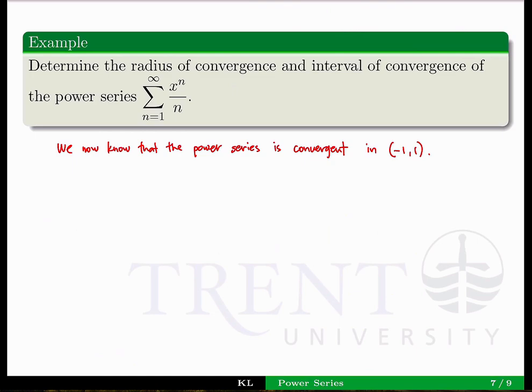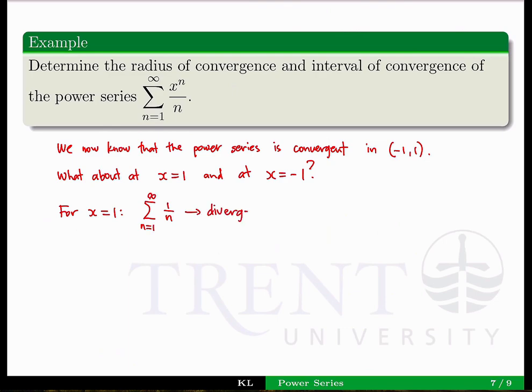What about at x equals 1 and at x equals -1? In this case, we check. So if we check for x equals 1, we have the series of 1 over n, from n equals 1 up to plus infinity, and this is divergent.